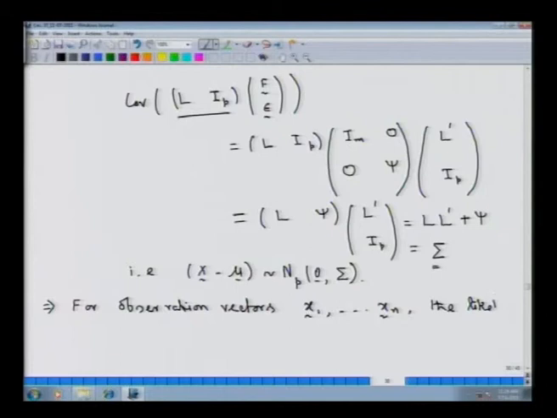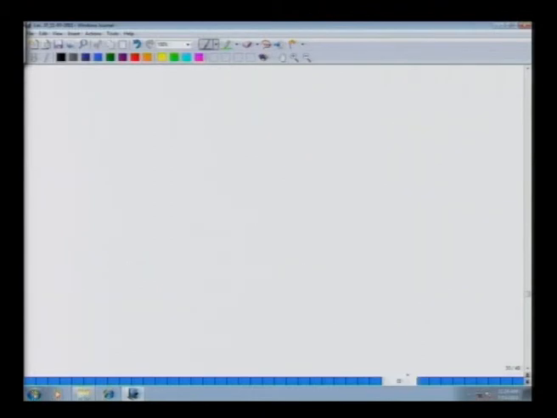The likelihood function is given by, let us denote that likelihood function as L. Now, this is going to be written as a function of mu and sigma given the data x1, x2, xn.